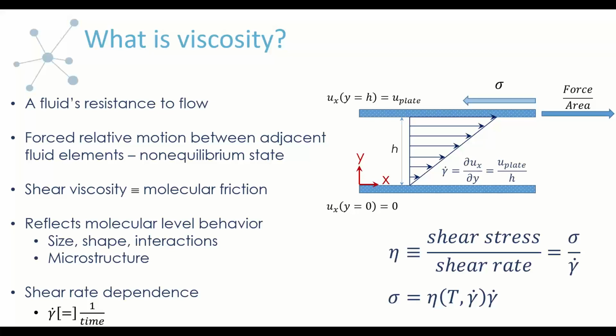We can see that at this interface here, the shear rate is 0, and then it is a homogeneous flow, so the shear rate is the same across the entire length h of this gap here. And this is just a visual representation of what we're observing.